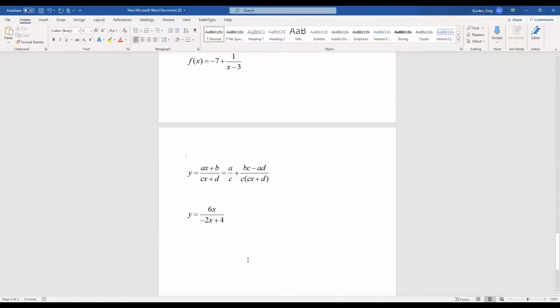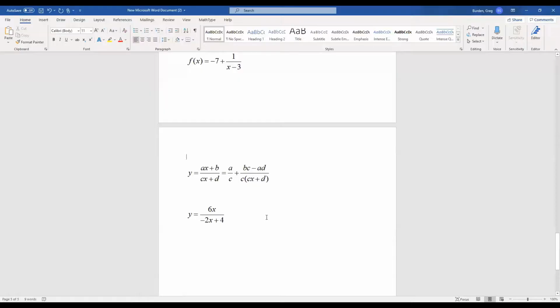Okay. So we have a rational expression here of the form ax plus b over cx plus d. If you let a be 6, b is 0, c is -2, d is 4. So I could go ahead and divide this out similar to what I did symbolically here, but we really don't need to.